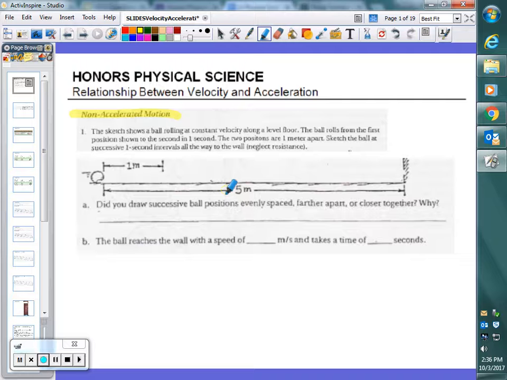What's another way that we can describe non-accelerated motion? Constant velocity, right? If something has a constant velocity, what two things have to be true? Constant acceleration? Not necessarily. If it's constant velocity, what does the acceleration have to be? Zero.